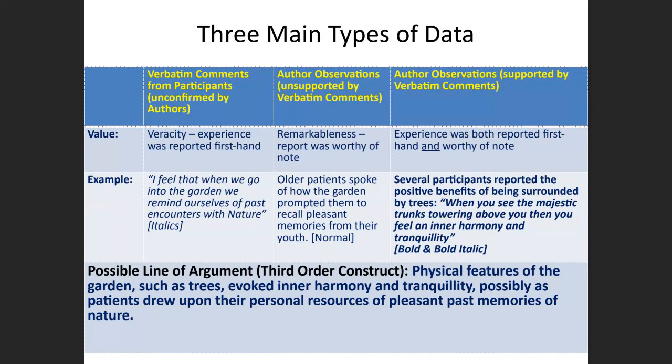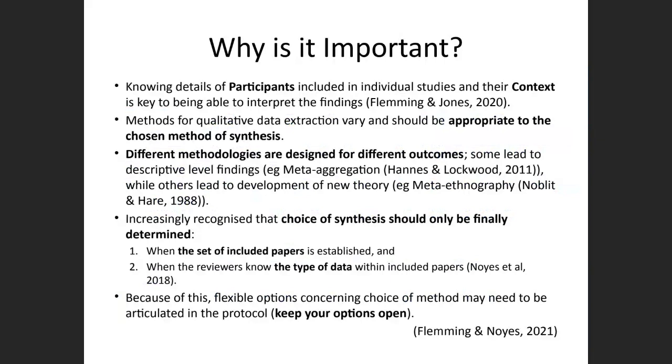And then at a further level, when we string together multiple examples that may be verbatim comments, author observations, or both, then we can produce what's called a line of argument, a third order construct, such as the one shown at the bottom of the screen here, that's not attributable to any one single extract of data or any one quotation or observation.